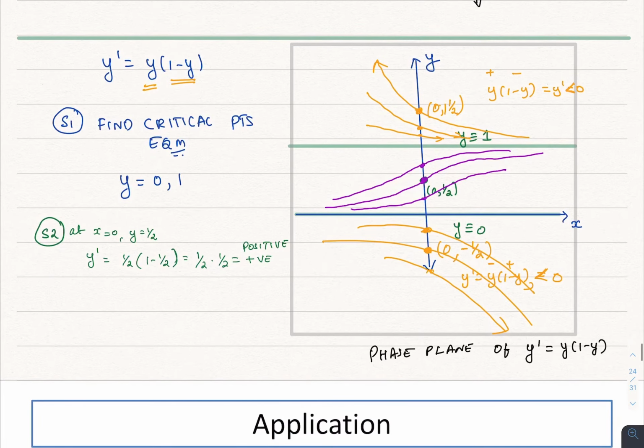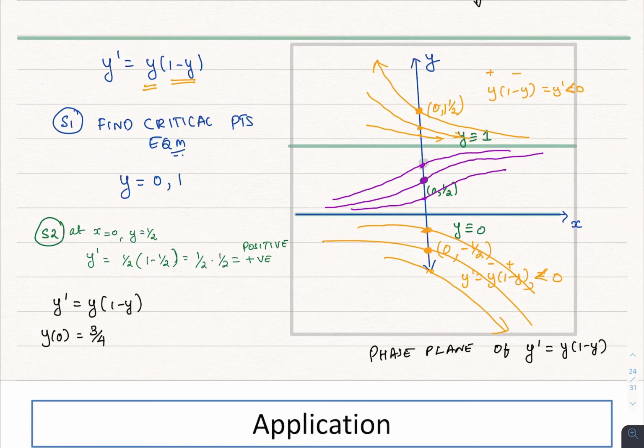Now let's try to look at some of the things. Let me give you an initial condition and see what we can decide about the qualitative behavior. Let's take a look at this: y prime is equal to y times 1 minus y, and if y of 0 is equal to, I'm just going to say 3/4, a number between 0 and 1. The number is right here, somewhere over here, right?